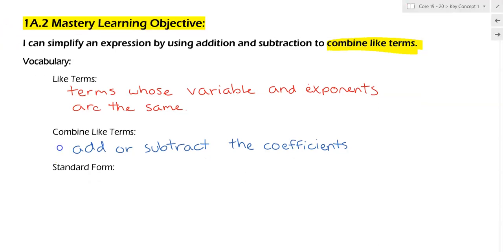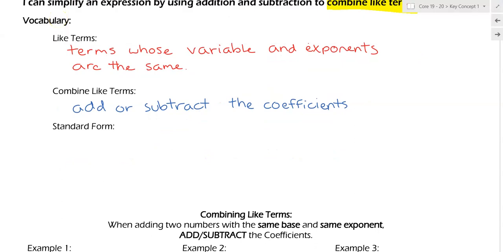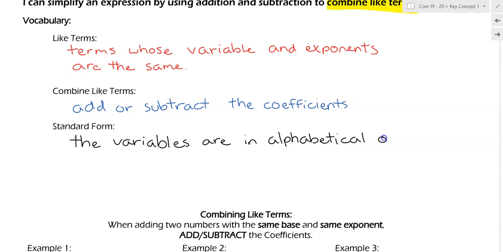So our standard form is terms, or the variables, we'll start with that, are in alphabetical order. And then the exponents decrease.